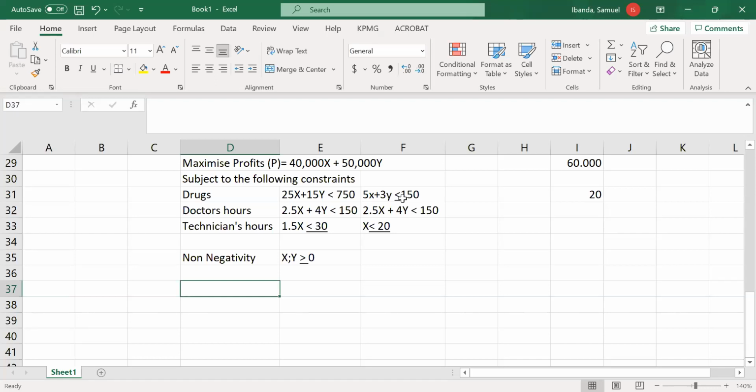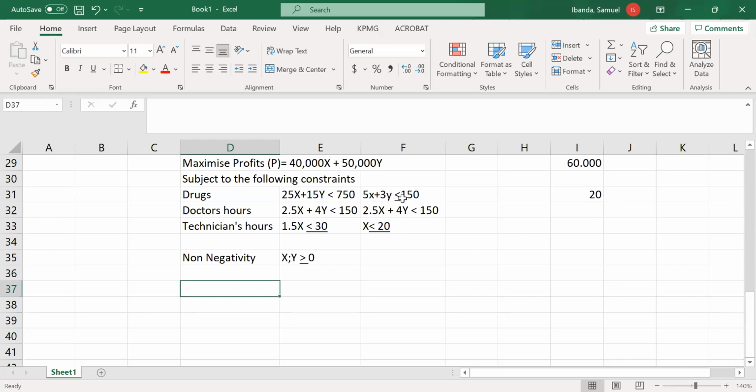Slack variables cover for any constraint capacity that may not be used at the time of optimality. So they best cater for the excess capacity that might be on a constraint, okay? So we introduce slack variables on each constraint at hand, okay?